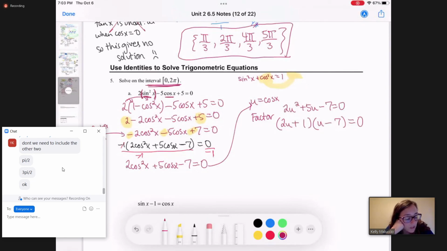So if I distributed this, I'd get 2u squared plus u minus 14u minus 7. This middle term gives me negative 13u, and what I want is 5u. So this is not right. So I would erase and try again. Maybe switch the 1 and the 7, so maybe 7 here, 1 here.